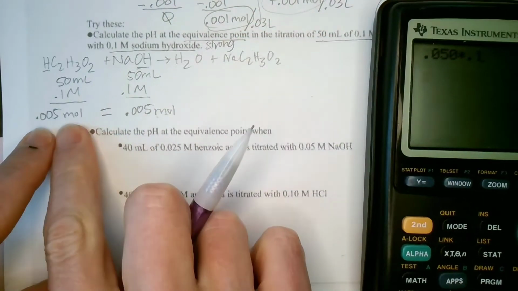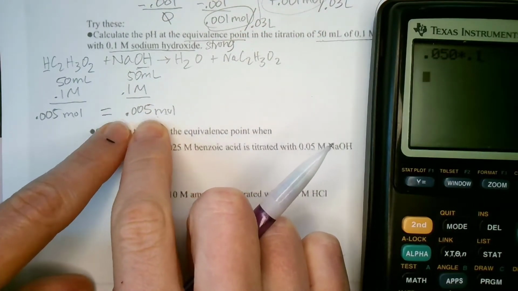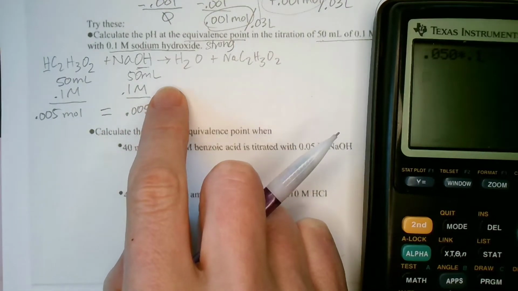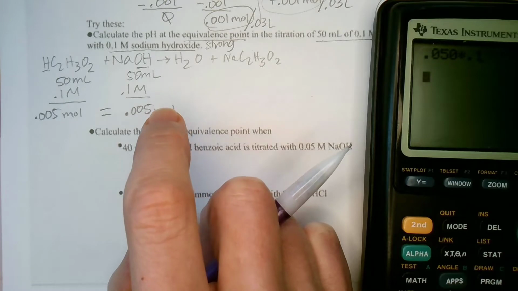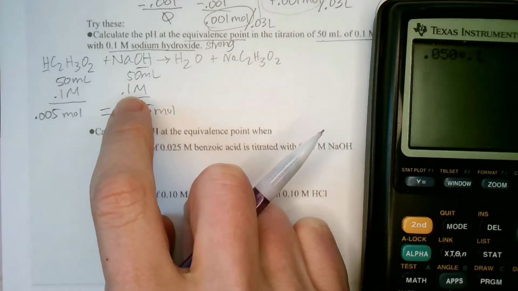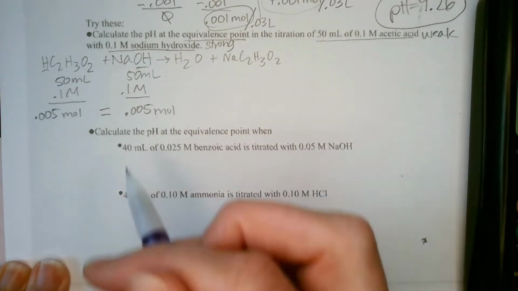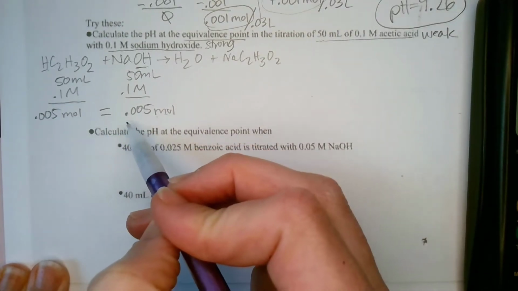If that wasn't the case, if I had 0.005 moles and a 0.2 molarity, to find volume I would need to do moles divided by concentration. But anyways, these two are equal to each other. That's great.